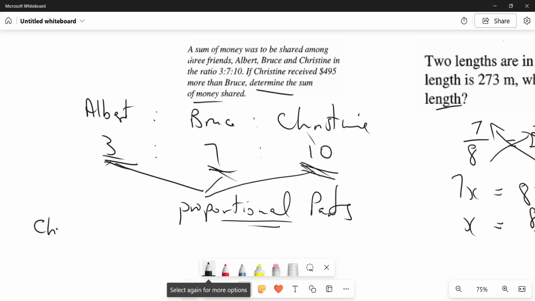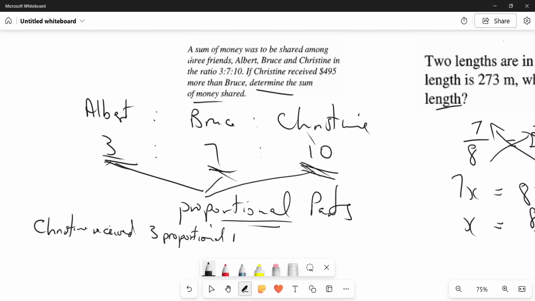According to this, Christine received 3 proportional parts more than Bruce. Can you see that to be true? She got 10, he got 7. So she received 3 more. And what they're telling you here is that 3 proportional parts is equal to $495, right?